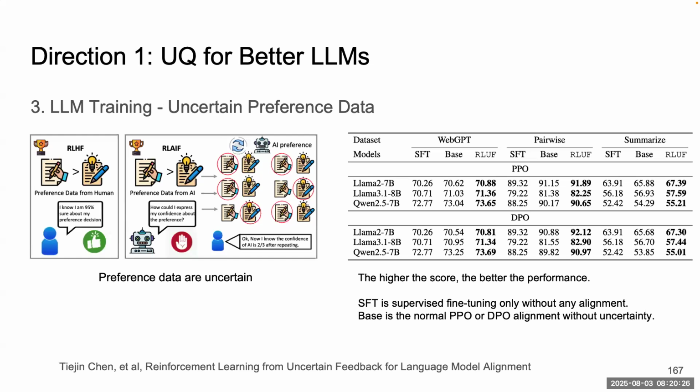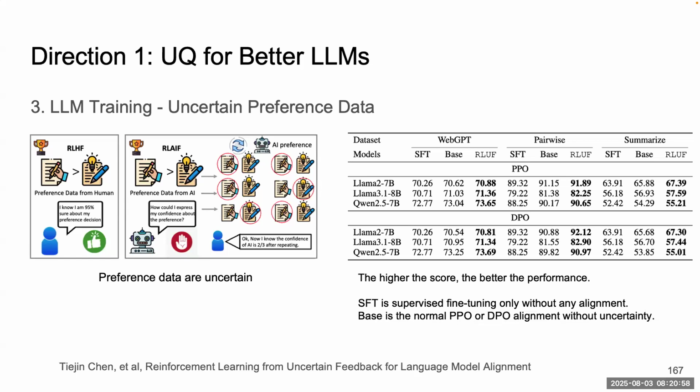Another direction for improving reasoning models is to incorporate uncertainty into your training process, no longer just at test time. This work shows that humans can label their uncertainty on preferences if you ask human labelers to, even though it's a little bit hard, but for AI it's really hard.